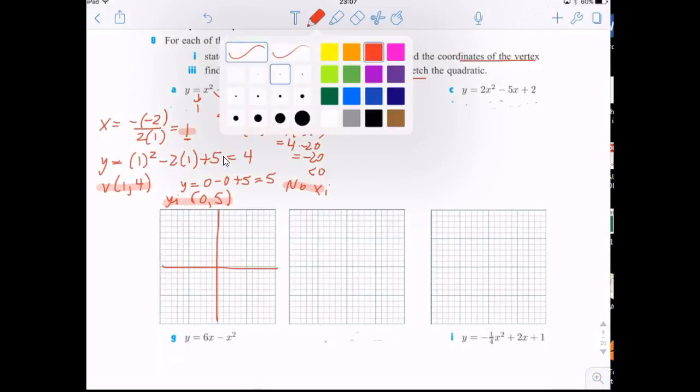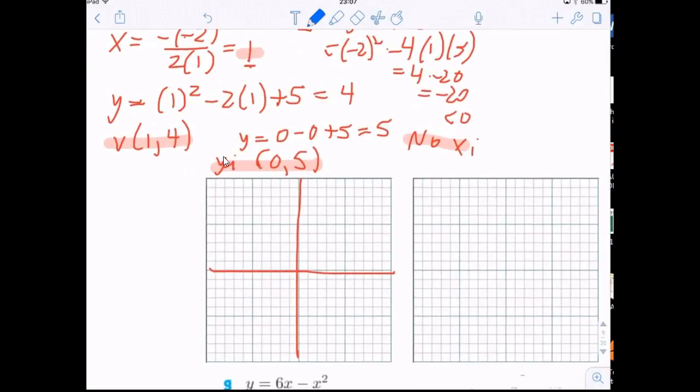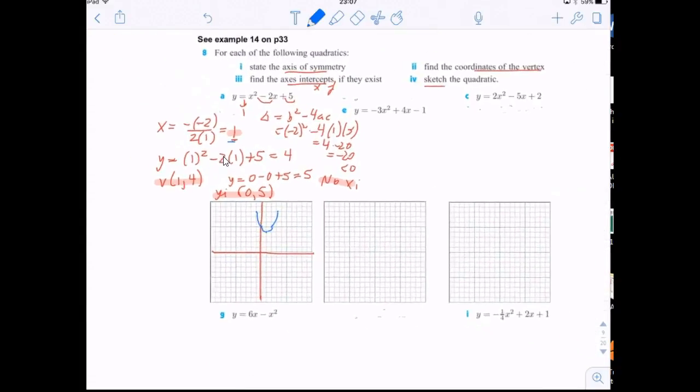So I'm going to plot the vertex, which is 1, 4, and I'm going to plot the y-intercept, which is 0, 5, and so I know that the axis of symmetry is at 1, and I can already even start graphing other points because it's a standard sized parabola. I can tell because it went over 1 and up 1, right? So there's my A, okay?